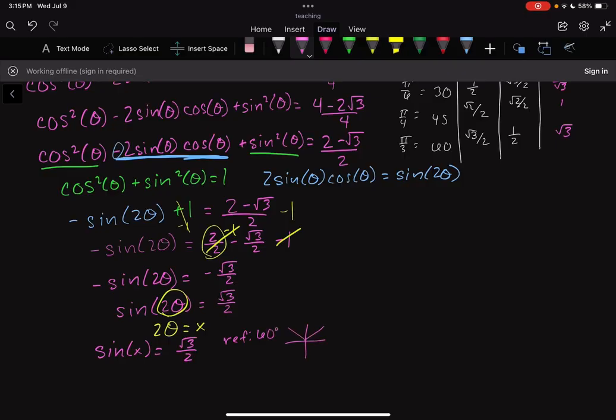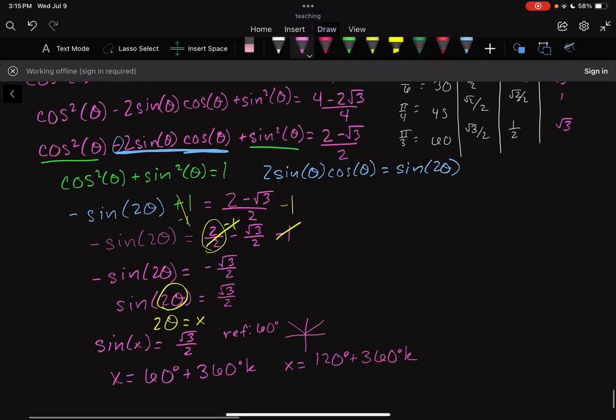It's going to happen in quadrants 1 and 2 because that's where sine is positive. So x equals 60 degrees plus 360k. And then for quadrant 2, I'll get 120 degrees plus 360k.